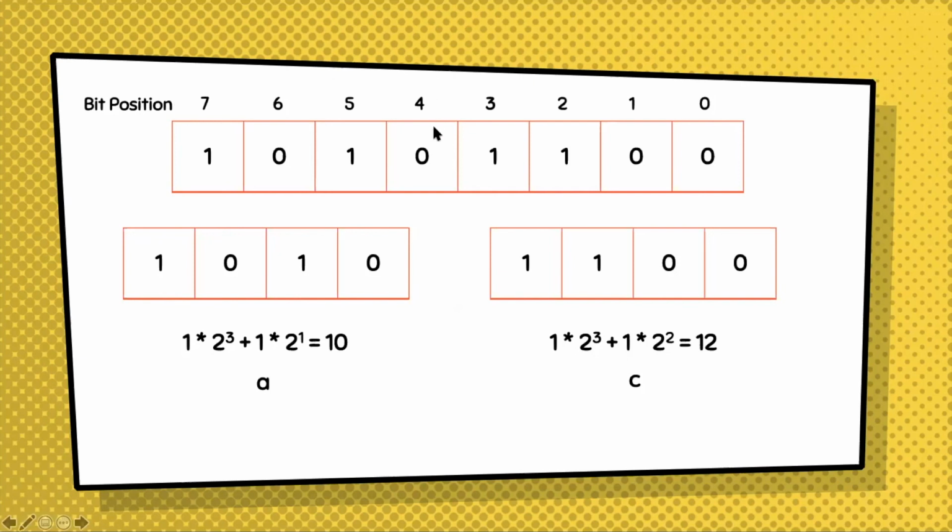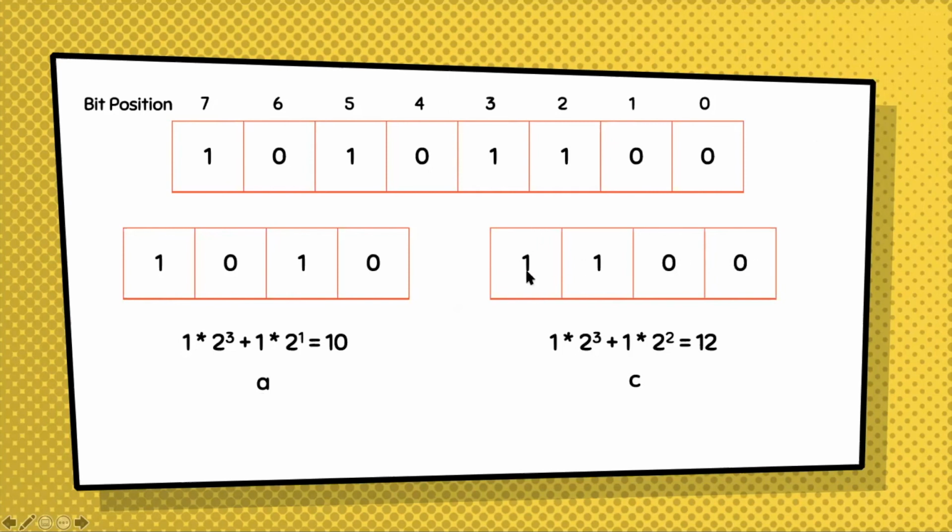In this case, if you look from the 7th bit to the 4th bit, the highest 4 bits, you will get hex A. And then if you look at the lower 4 bits, 1 1 0 0, you will get C. This is the low bits and this is the high bits, so you count from the higher to the lower.